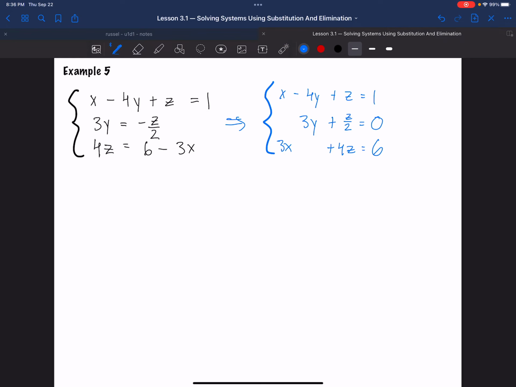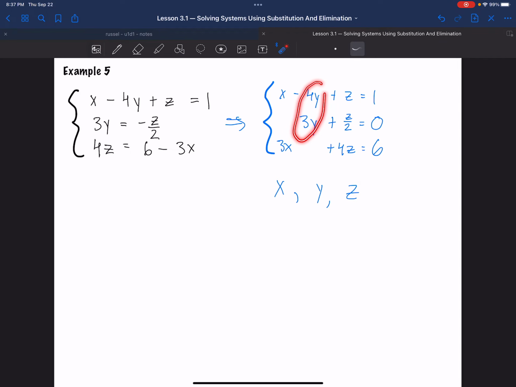I have 3 choices here. I could eliminate x, I could eliminate y, or I could eliminate z. Now, if I eliminate x, I will have a system of y and z left over, which I could solve.